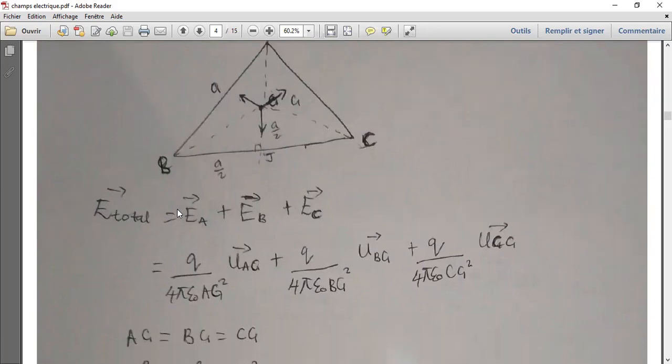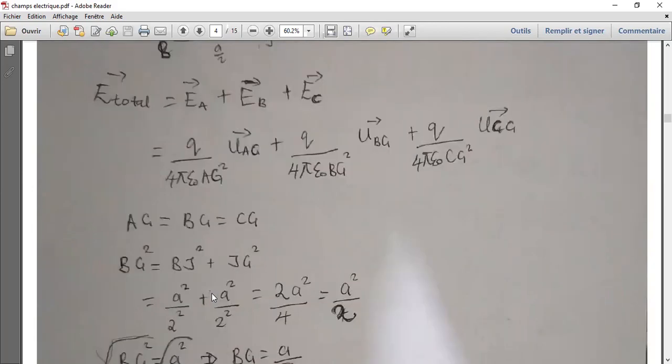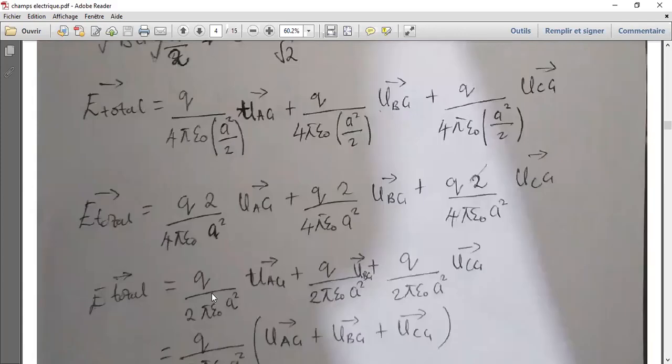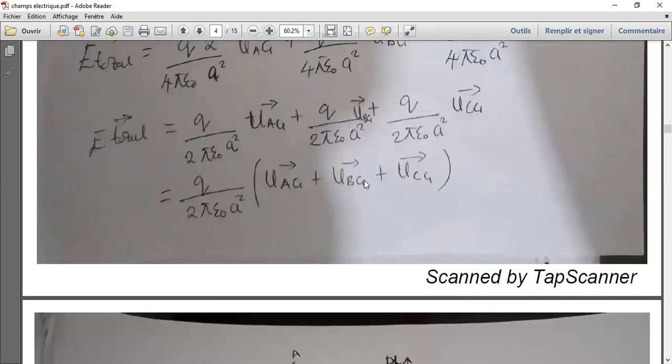So what you should know first is, when you are calculating the electric field, first of all, you have to deal with the distance. After you have dealt with the distance, the next step is to go to the vectors.